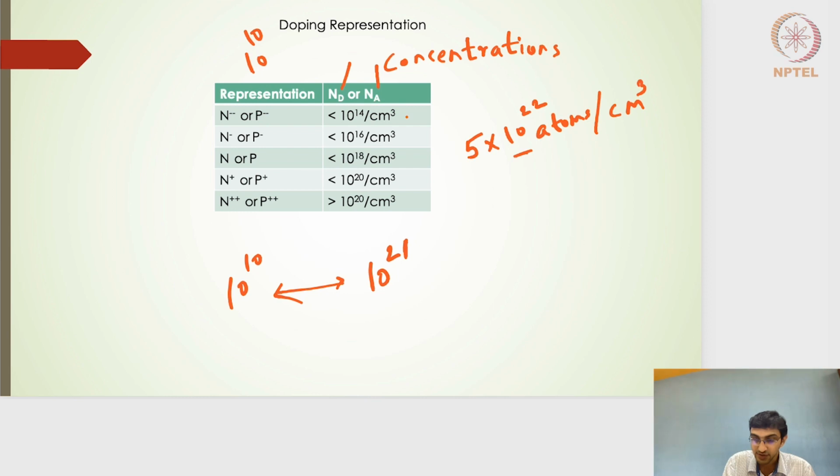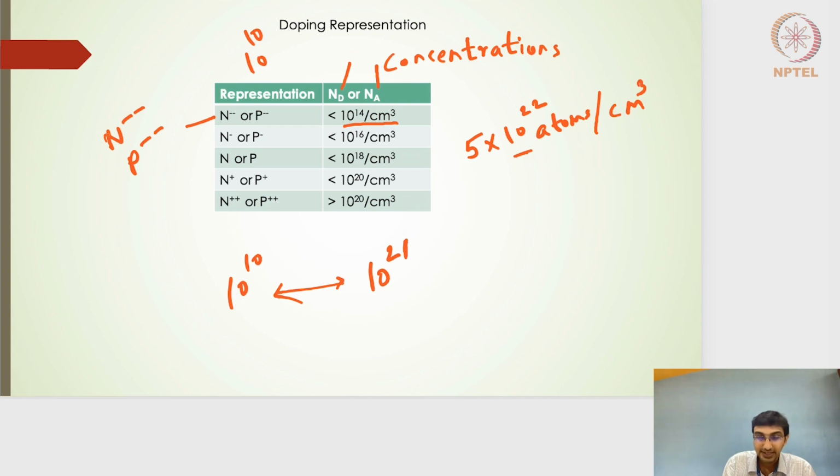If I introduce 10 raised to 14 or less, that is one kind of dopant concentration, represented as N minus minus or P minus minus.